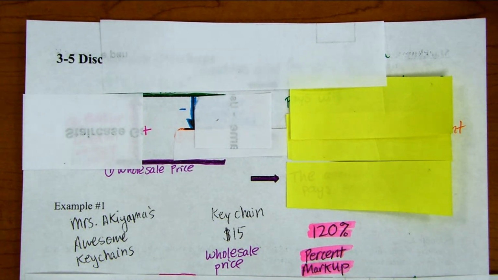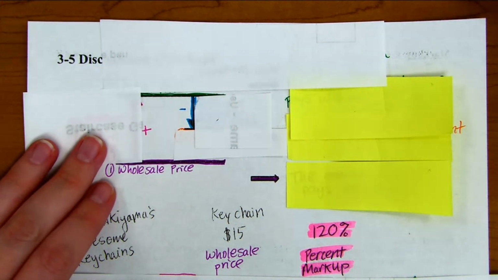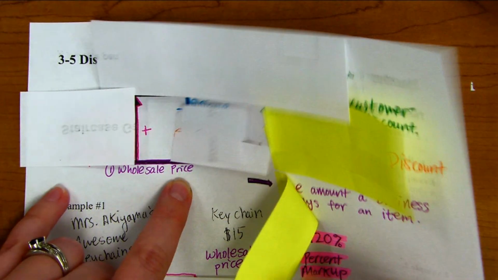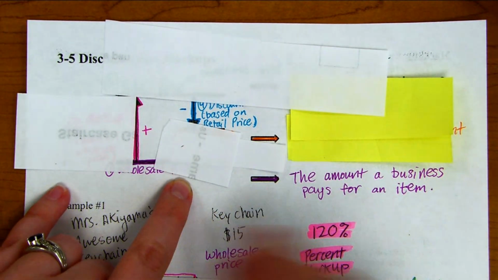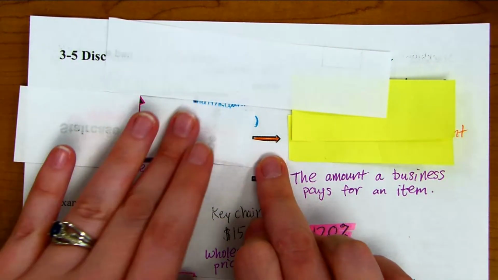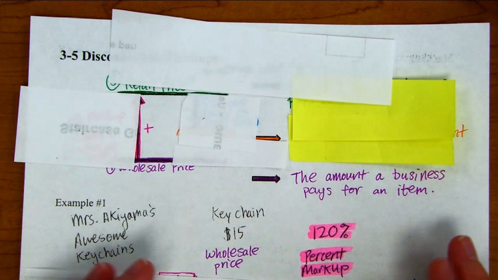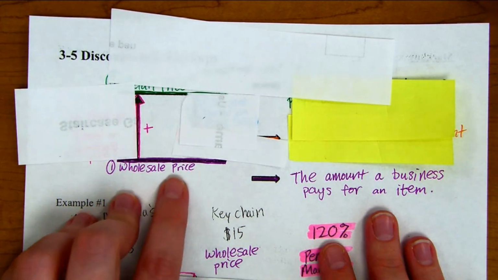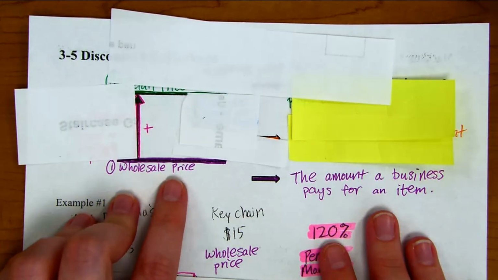So the first thing we need to identify is that you start with the wholesale price. This is how much money the company or the business will pay for their item. A company will have to buy materials or buy an item, and then they will sell it as a result.